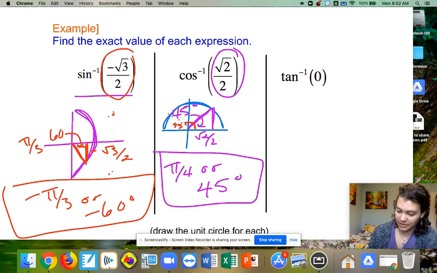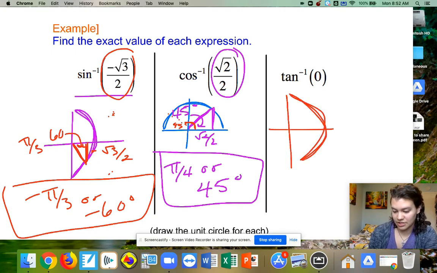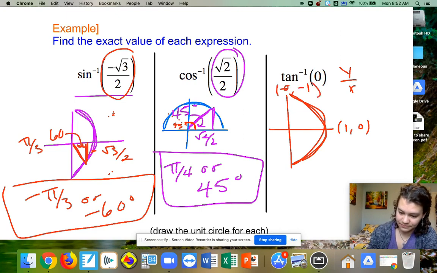So the last one here we have tangent. Tangent again is on this half. We want when tangent is 0. So tangent again is your y over x. So you want to figure out where is y over x 0. So right here we have 1, 0, 0, negative 1, sorry, positive 1.